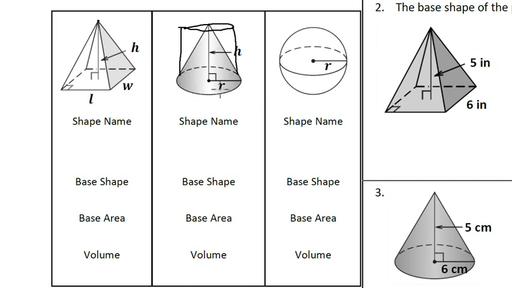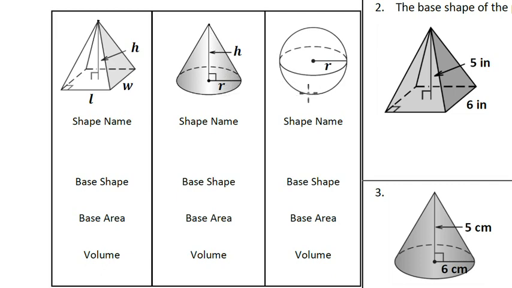We actually get smaller as we go toward the apex. Mathematically it turns out it's precisely 1/3 of the volume of the comparable cylinder. So we've got a circular base, and then 1/3 of that base area times the height.